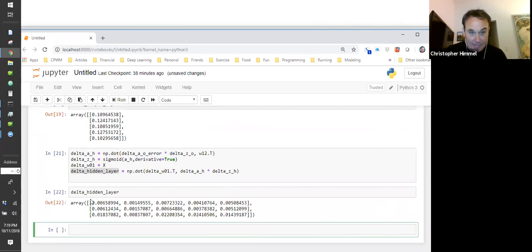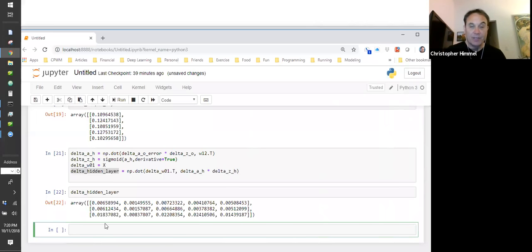Got an array. I got 5 by 3 because we're going to apply this to 5 by 3 weights. So this is perfect. Here we're applying it to 5 weights, here we're applying it to 5 by 3. Each one of those is the contribution of that particular weight to how much the error changed.